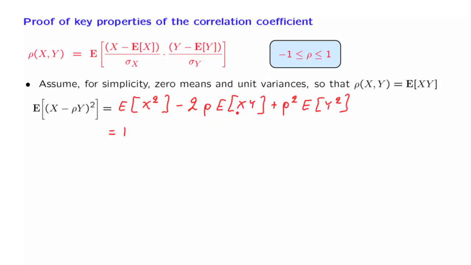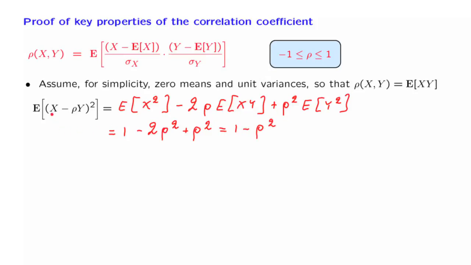Now, the expected value of x times y is the same as the correlation coefficient in this case, so we have minus 2 rho squared, and from here we have rho squared, and by the previous argument, again this quantity, according to our assumptions, is equal to 1, so we're left with this expression, which is 1 minus rho squared.